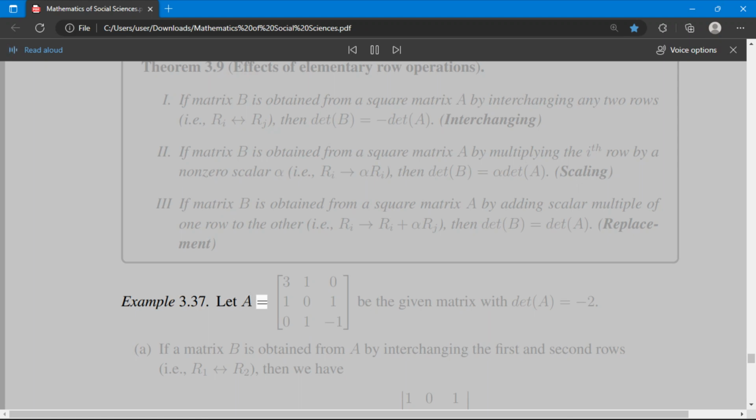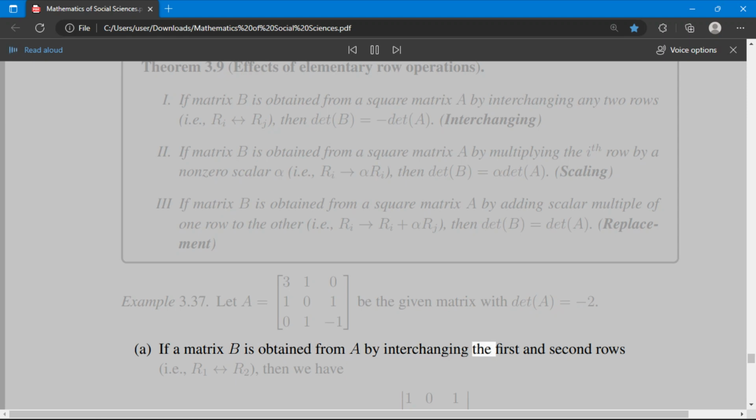Example 3.37. Let A equals [3 1 0; 1 0 1; 1 1] be the given matrix with det A equals 2.